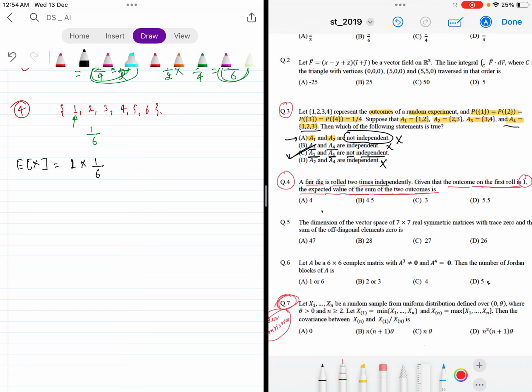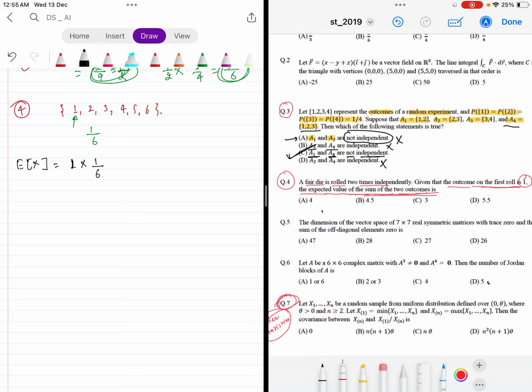Let's take the expected value of X. Here we are given the sum of the two outcomes, so it is the expected value of the sum of the two outcomes.